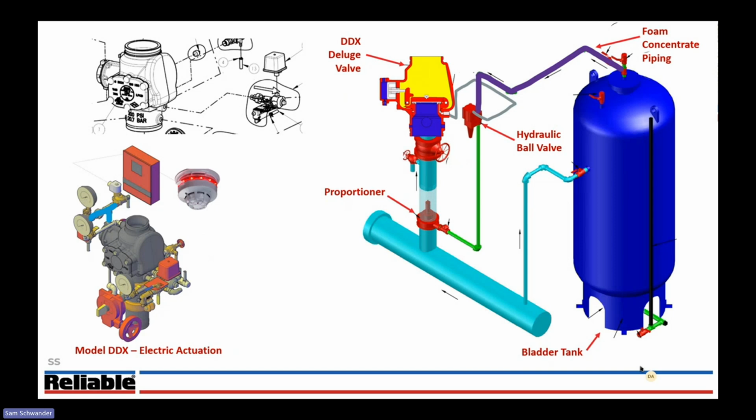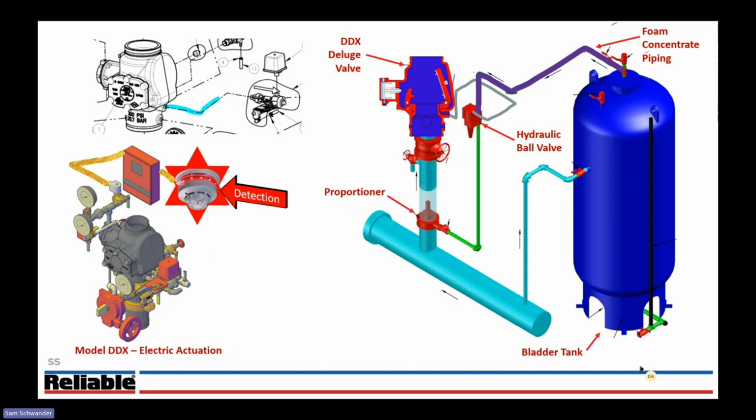So we have foam concentrate up until that hydraulic ball valve. If we have a detection event and our releasing control panel opens our solenoid, now all the water pressure can dump to a drain and trip the DDX valve. The water can then get into the intermediate chamber of the valve, to the alarm line and the alarm line trim. At the top left, that blue highlight shows where the alarm line is normally being pressurized.